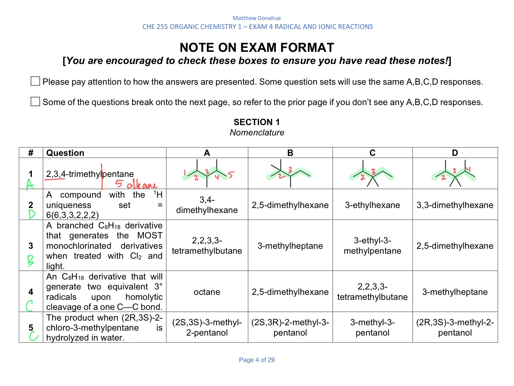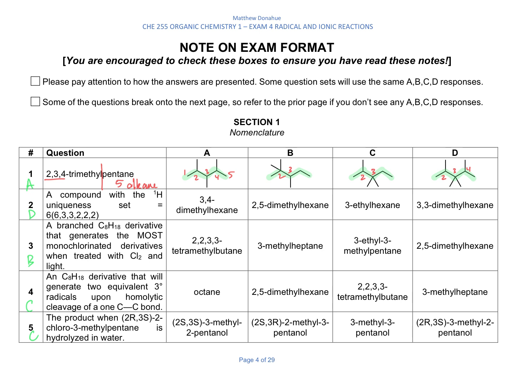Question number 2. A compound with a uniqueness set of 6 unique H's, and then that ratio 6 to 3 to 3 to 2 to 2 to 2. Your best bet here is to just draw all of these out, so let's go ahead and do that in the black pen. One thing to notice, they're all hexane derivatives.